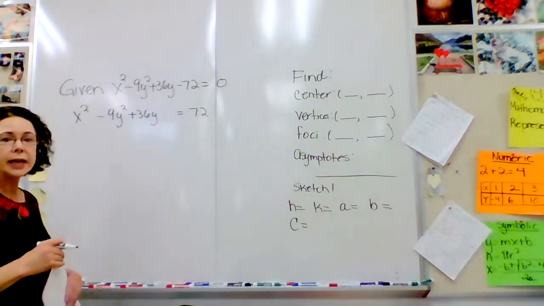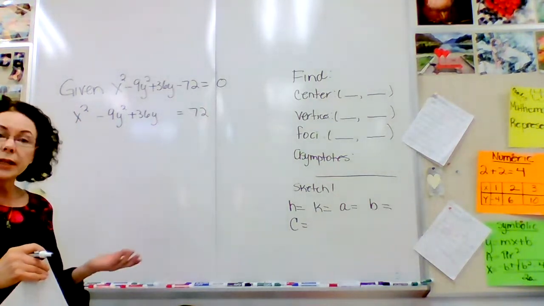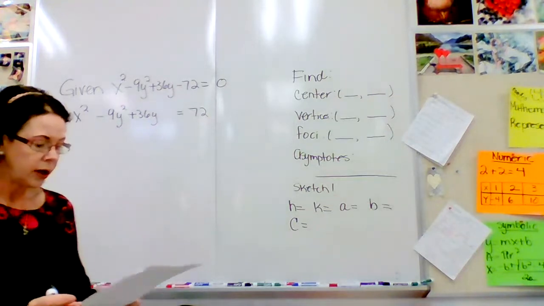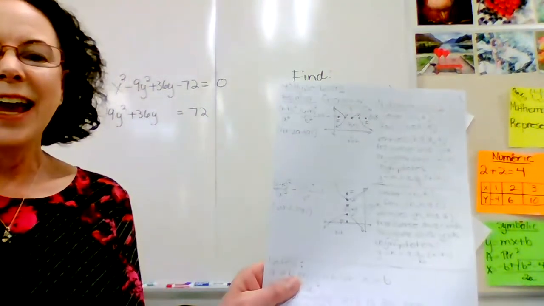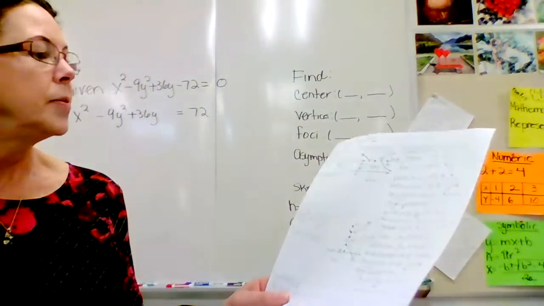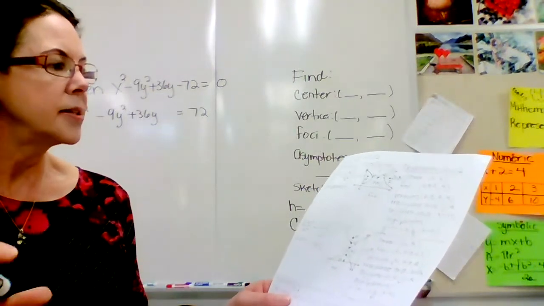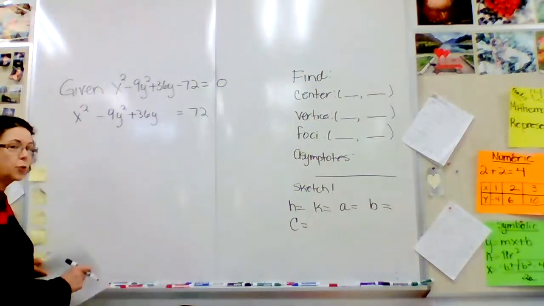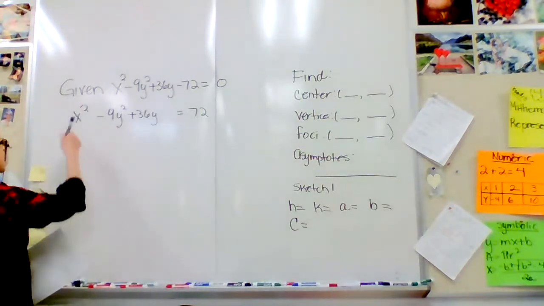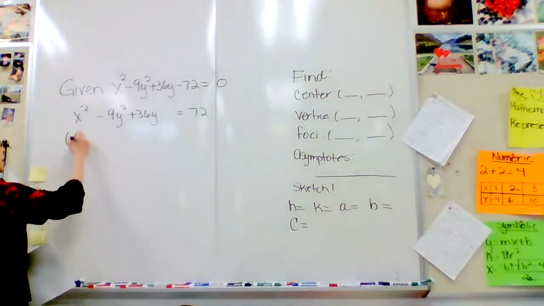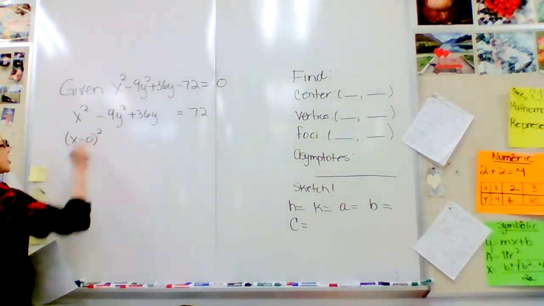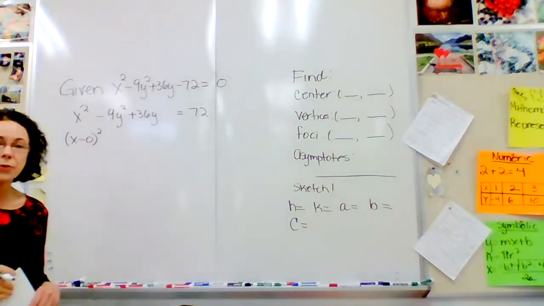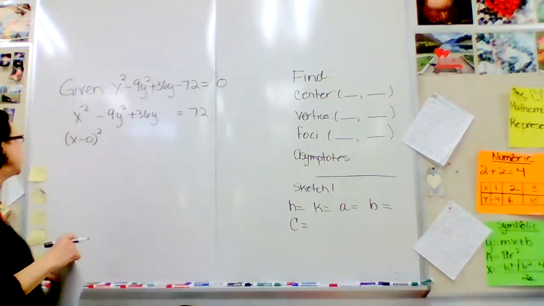Okay, so the first thing I need to do is completing the square, because for equations for hyperbolas, as you know, the two parts, the x expression and the y expression, are perfect square binomials. Notice x squared already is perfect. I'm just going to write x squared as x minus 0 squared so that I can see that h.